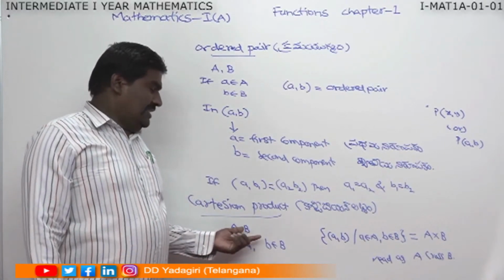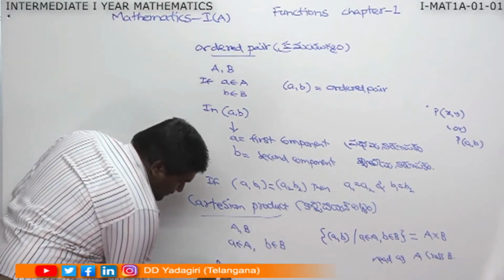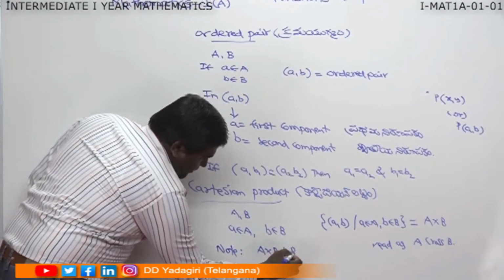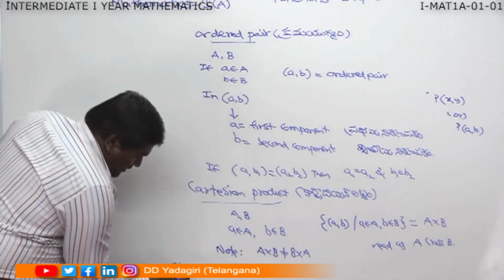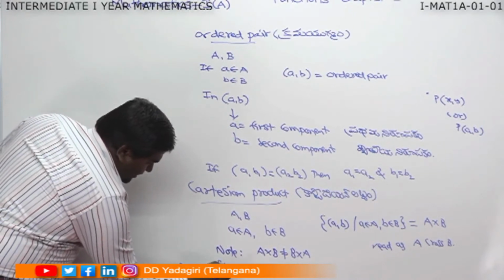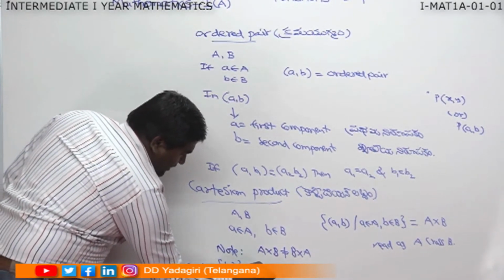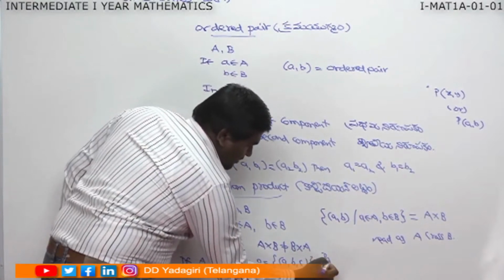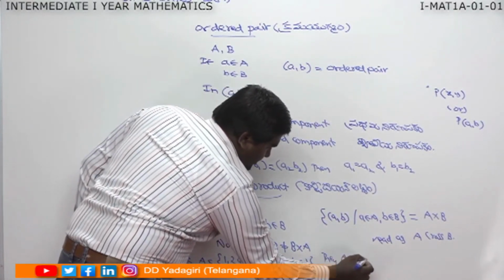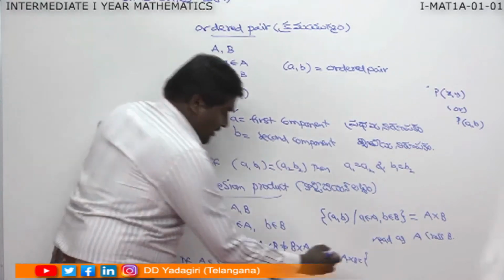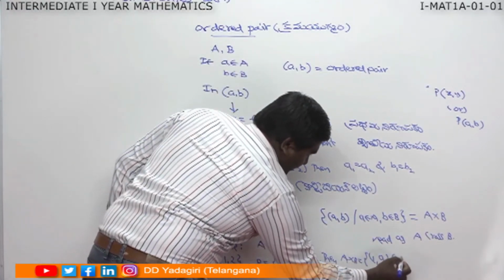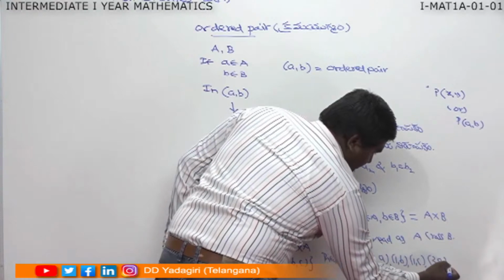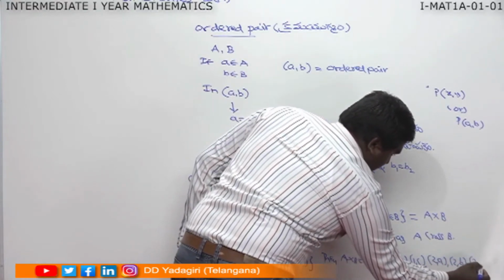For any two sets A and B, A cross B is not equal to B cross A. If A is the set containing elements 1, 2, and B is the set containing the elements a, b, c, then A cross B is the set containing the ordered pairs (1, a), (1, b), (1, c), also (2, a), (2, b), (2, c).